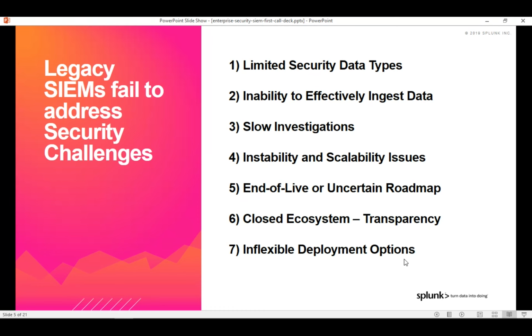Moreover, even if they try to use connectors to ingest data from whatever data sources they support, they're not smart enough to support the different data types. Inflexible deployment options, yeah. Most of the legacy solutions support hardware, and big data infrastructure is not capable, or I wouldn't say it is not.